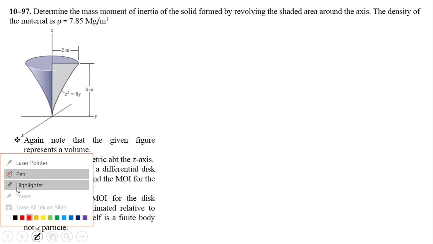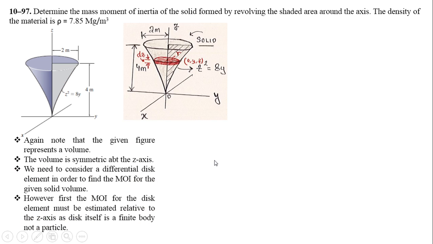So let's proceed. We have considered a disk element here having a thickness dz along the z-axis, and it has a radius small r, that is intersecting with this curve that defines the outer surface of this object given to us. It is intersecting with this curve at some arbitrary point 0, y, z. In x we haven't moved any dimension, so x is 0.